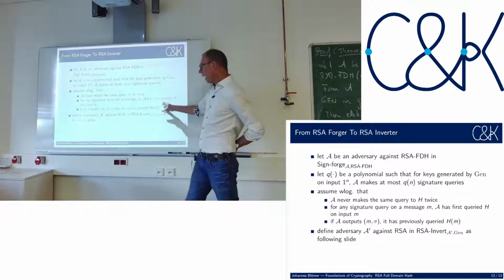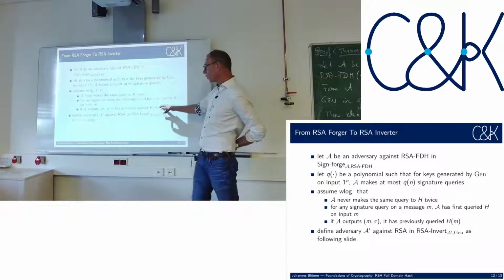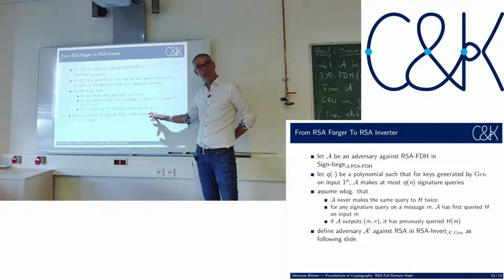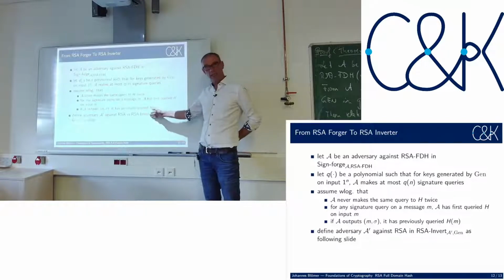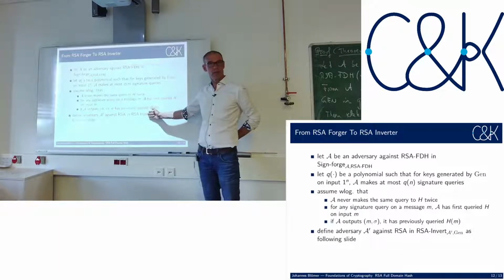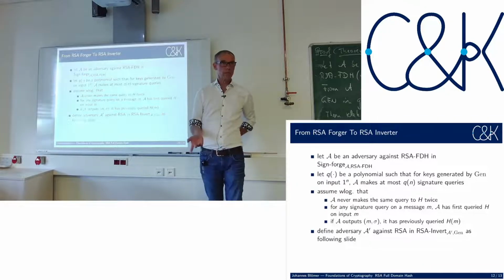And if A outputs M, sigma, we also assume that it had previously queried H of M. Again, if it did not do that, replace it by an adversary that does it. This can only increase its chances of getting a forgery out, again because of more information.